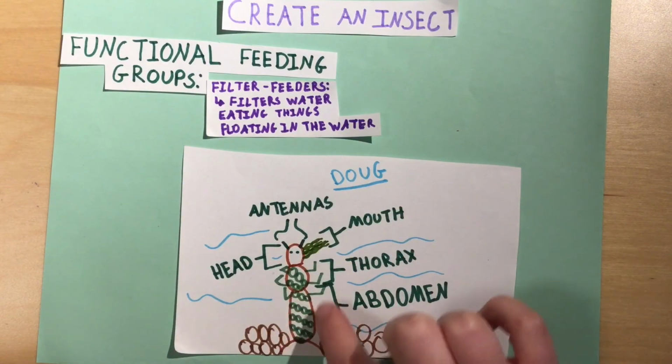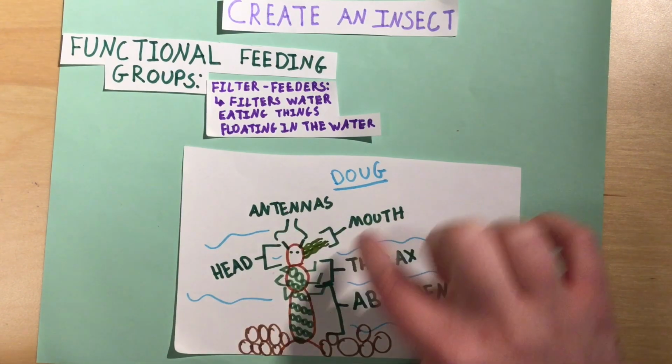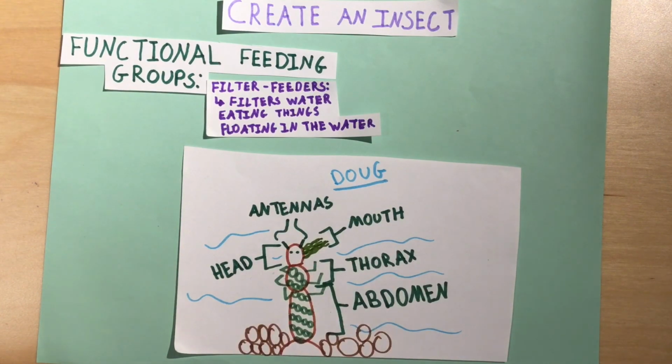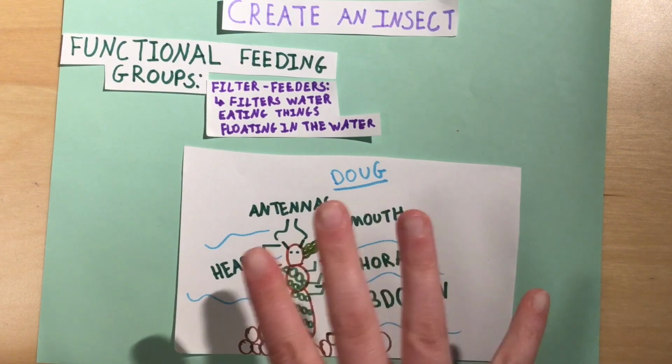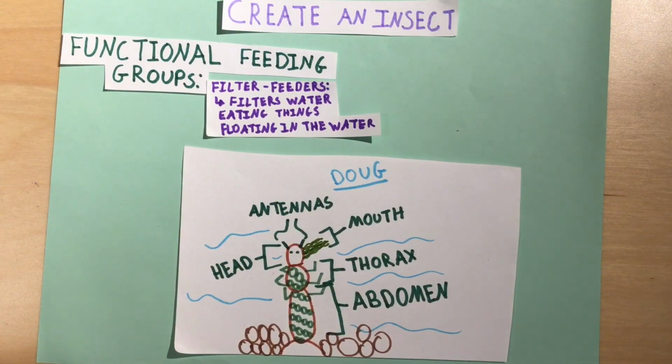We have our abdomen here, our thorax here, and our head here. There's a pair of antennae, there's a mouth, and there's some eyes. So basically Doug just hangs out at the bottom of a pond or a stream and collects things in the water as the water flows over Doug.